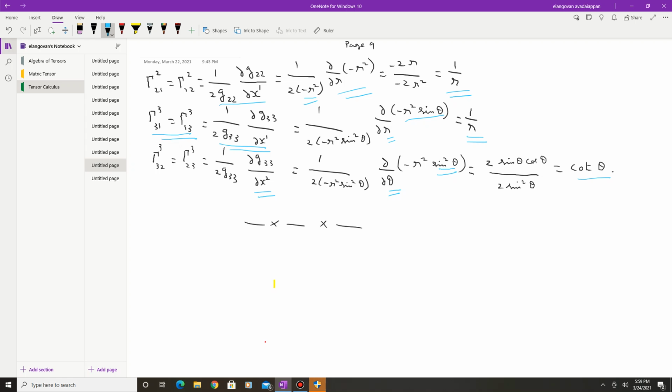And third, we have given a line element for a given space. Here we are considering the Schwarzschild metric. For this metric, we have determined the Christoffel symbols of the first and second kind. So if any metric is given, we can calculate the Christoffel symbols of the first and second kind.